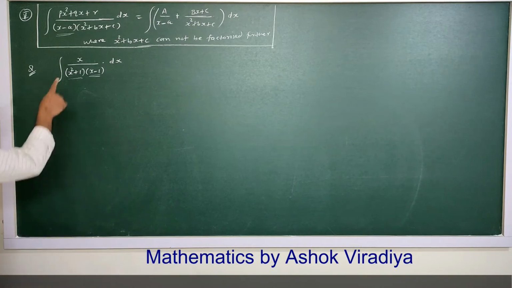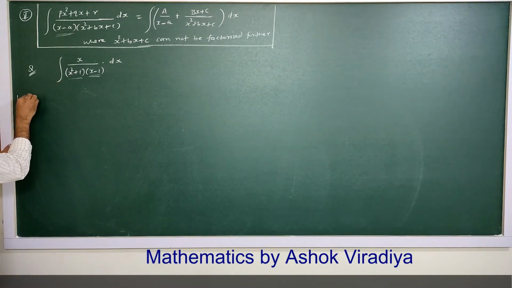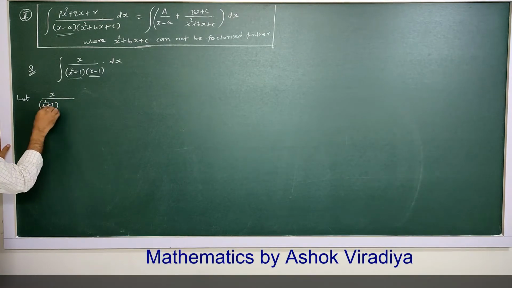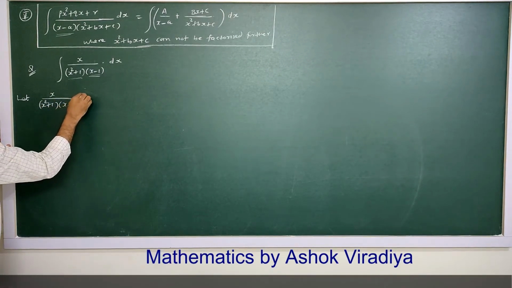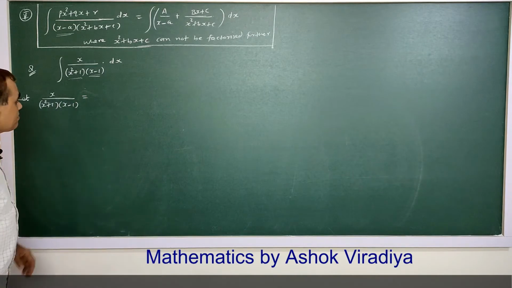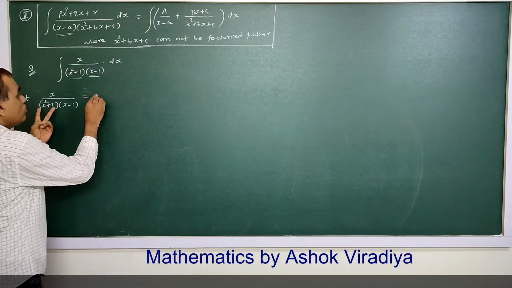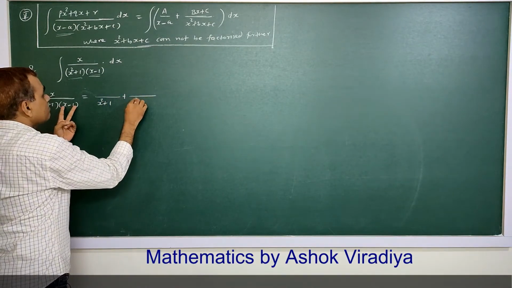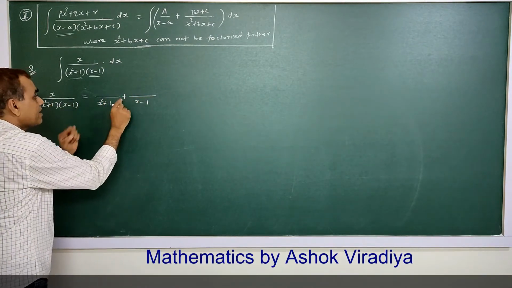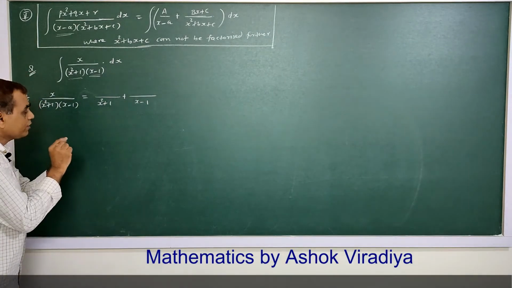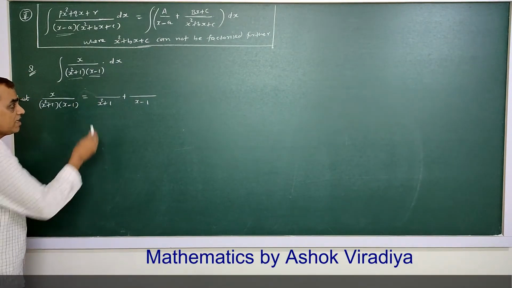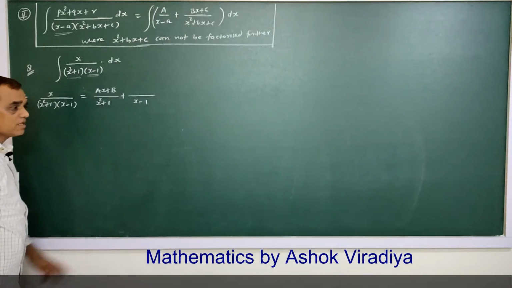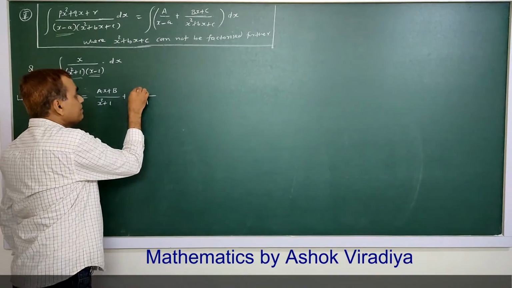So this can be expressed as x upon x square plus 1 into x minus 1. It can be expressed as one term above the quadratic factor and one above the linear factor. These both can be separated by a plus sign. Now what we do, above the quadratic factor we keep ax plus b and above the linear factor we keep c.